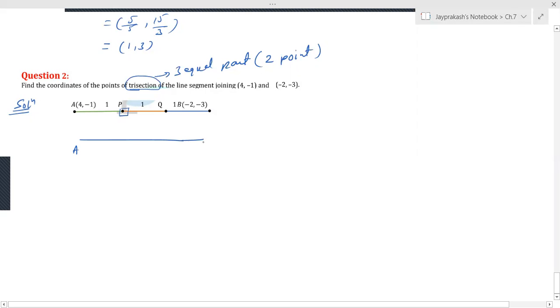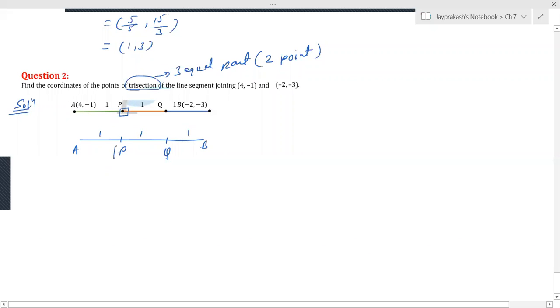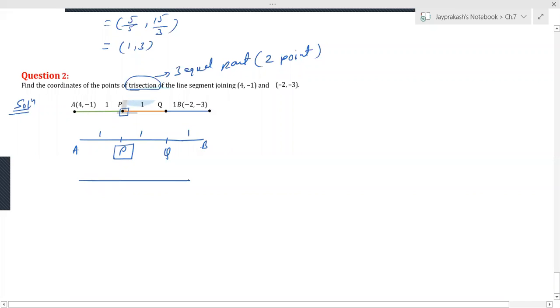So as you look from the figure, we are considering the 2 points in between, and all the parts are 1, 1. Now we want to find the coordinate for the point P. So that means we have to imagine this situation. A and the end point is B, only P is there.